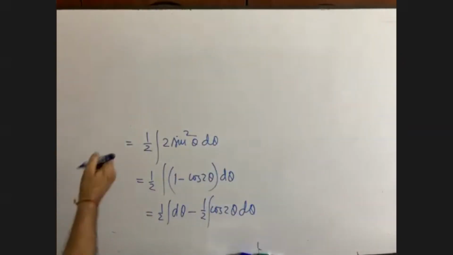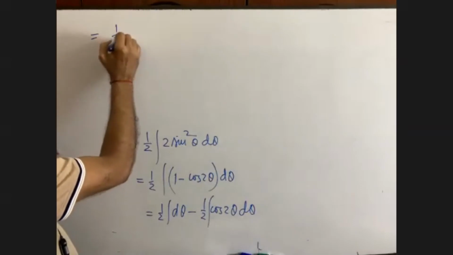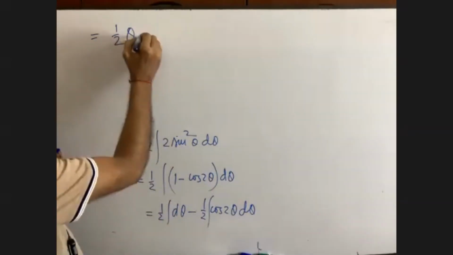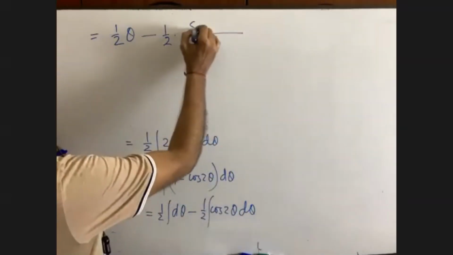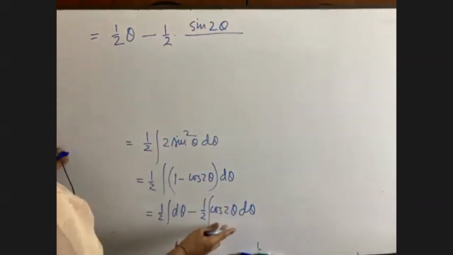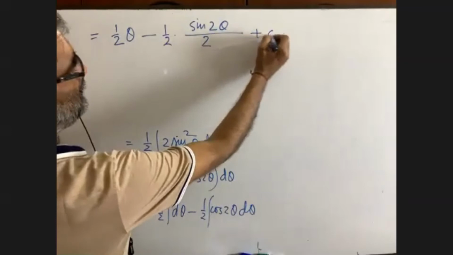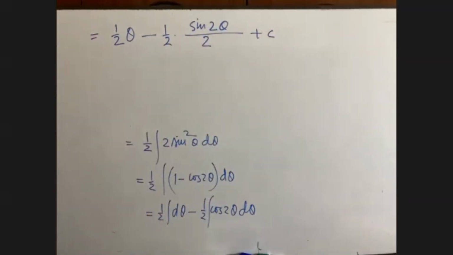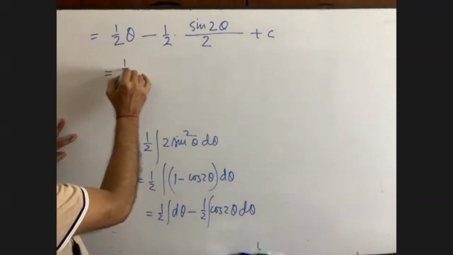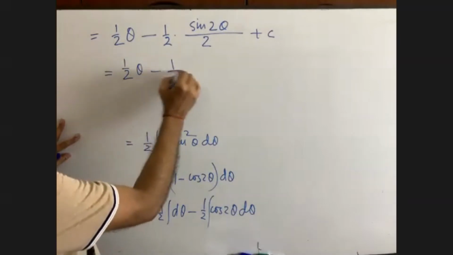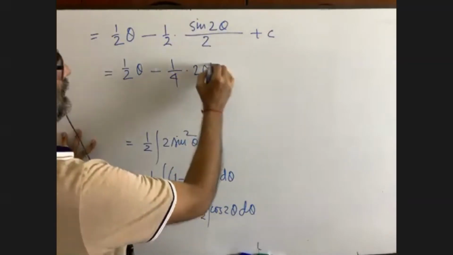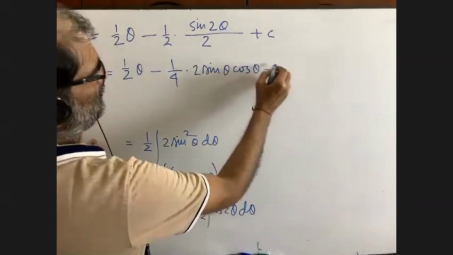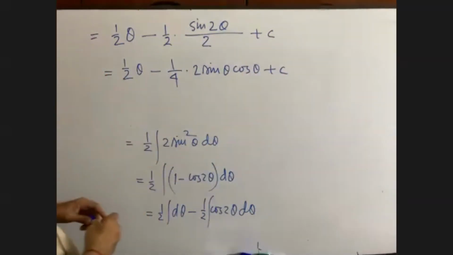Okay. That means half d theta is theta, minus half cos 2 theta is what? Sine 2 theta, and again it is by 2, plus c. Is it okay? Yes, it is okay. So we can write here half theta minus 1 by 4 sine 2 theta, which is 2 sine theta cos theta, plus c.